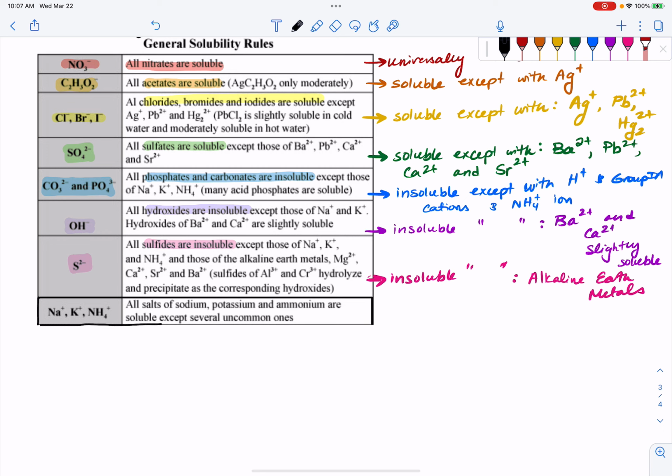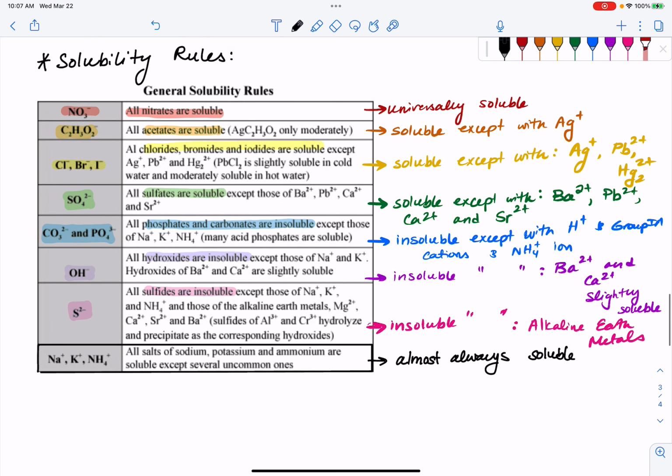So anytime we're looking at our sodium cation, our potassium cation, and our ammonium cation, these are almost always in compounds that are soluble.